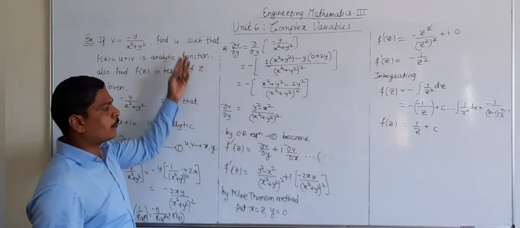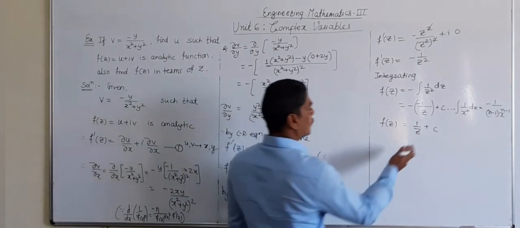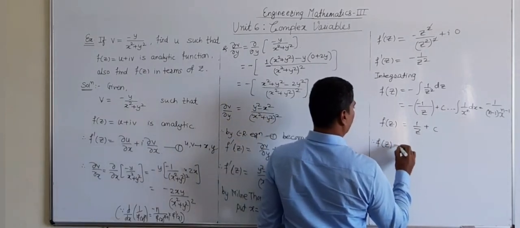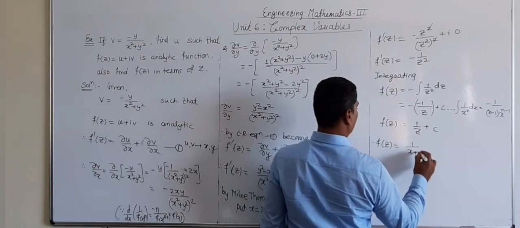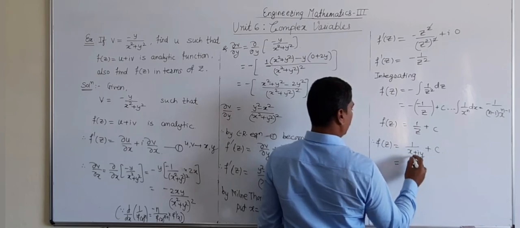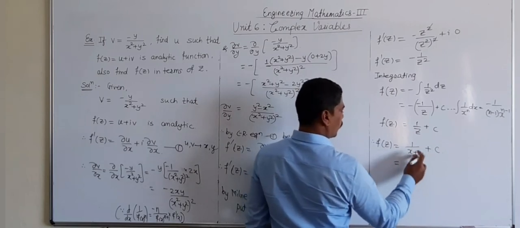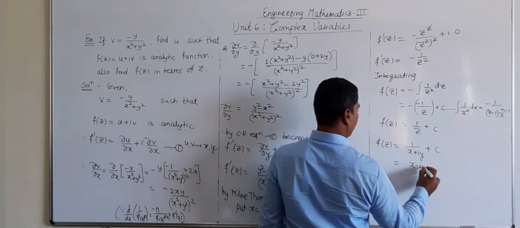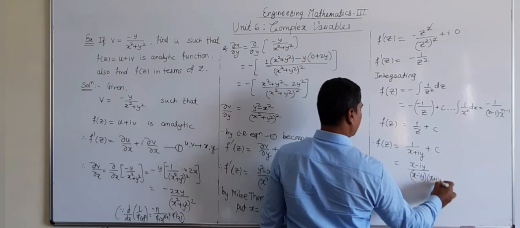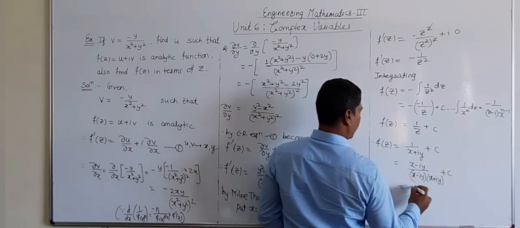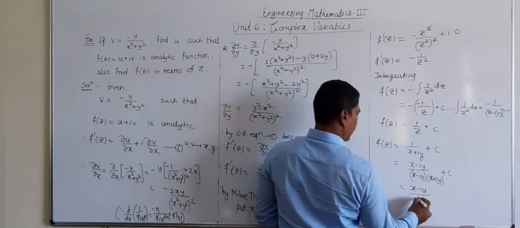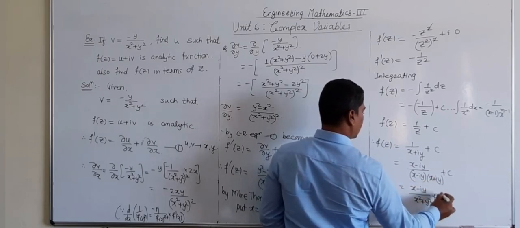Our requirement is also to find u, so write this in terms of x and y. Therefore, f of z is equal to 1 upon x plus iy plus c. So this is equal to multiplying and dividing by the complex conjugate of x plus iy, that means x minus iy divided by x minus iy into x plus iy plus constant c. So we get x minus iy divided by x square plus y square plus constant c.